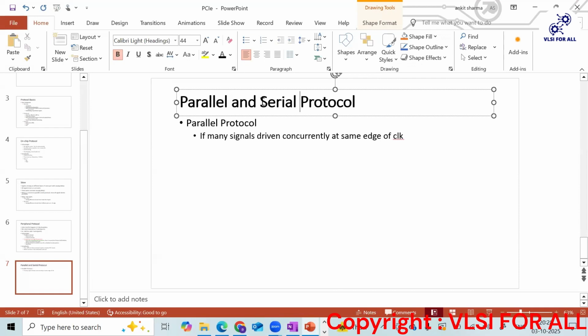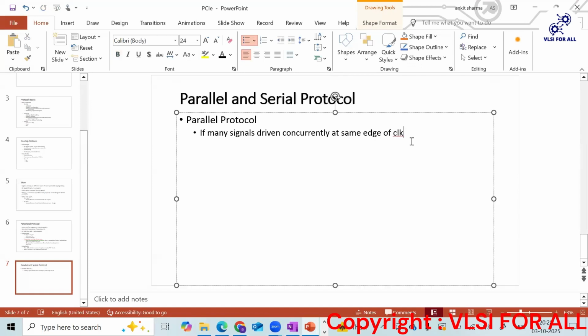And what happens if one signal or one bit is driven at the same clock, meaning at a single edge of clock? That is nothing but a serial protocol.